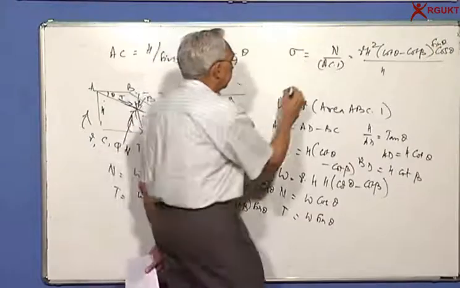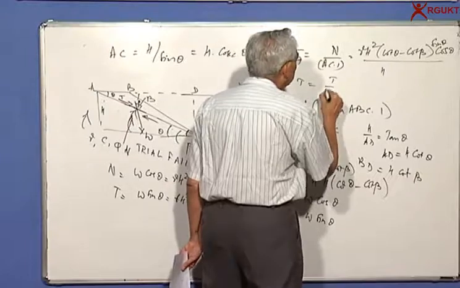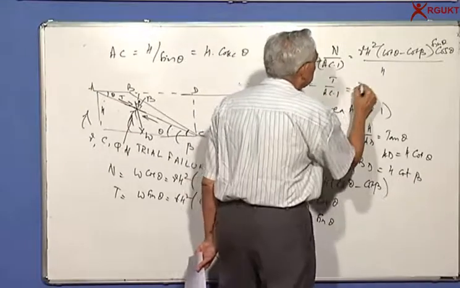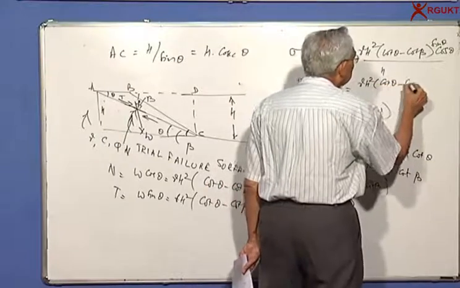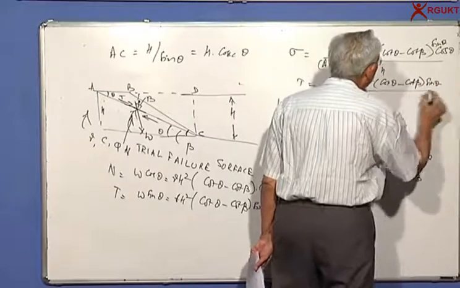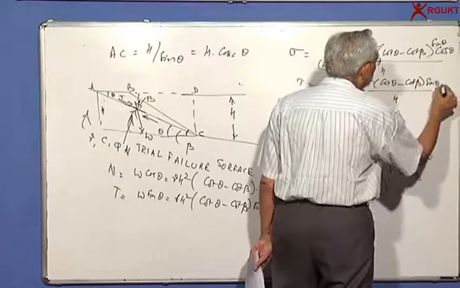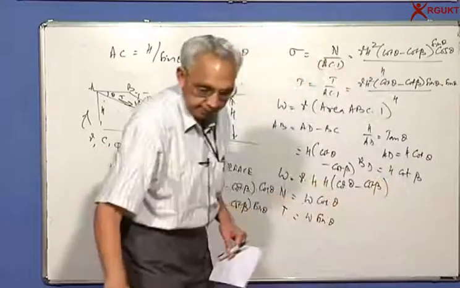And the shear stress tau, which is acting downward, is T by AC into 1. So it is gamma h square cot theta minus cot beta sine theta by h and another sine theta here. So that makes it slightly simpler.